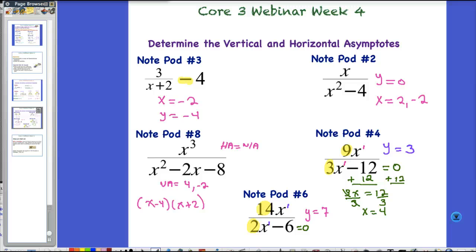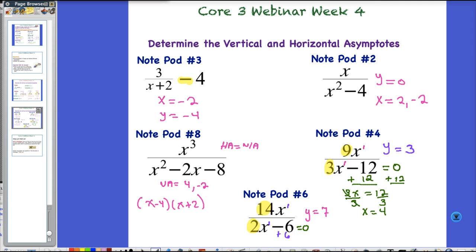Oh, Trevor, you did it. You've got it, and you're in good shape. Did you do your vertical? I'm sorry, Trevor. Let's look back at your vertical. Miriam got this part. If I could put you and Miriam together, you would have the perfect answer. So you have 2x minus 6. I'll do it the way you did it.